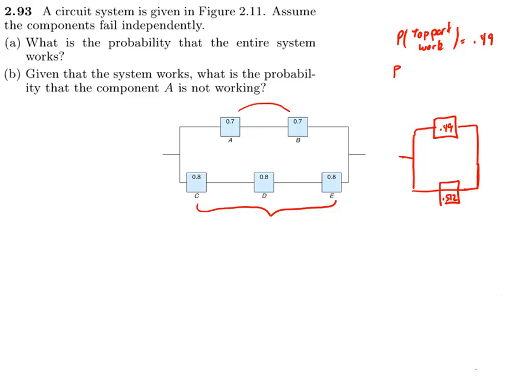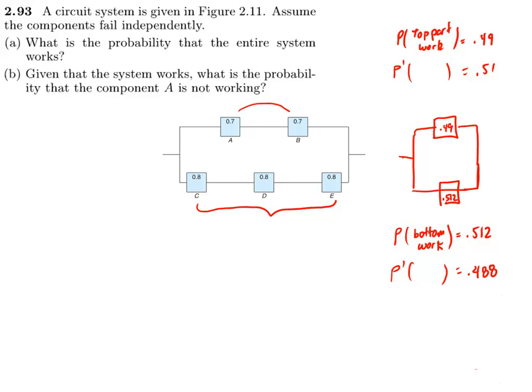So the complement of that probability is 0.51. The probability that the bottom will work is 0.512. So the complement of that is 0.488.